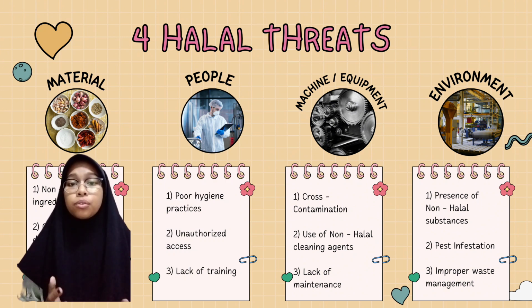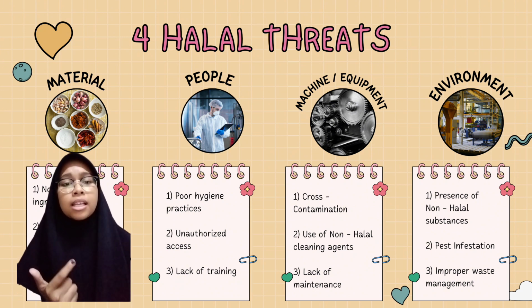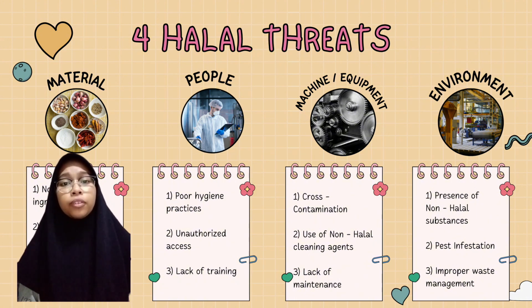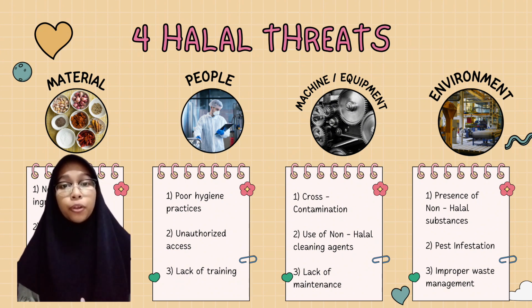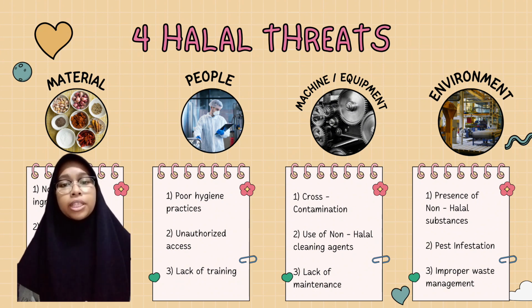Next, people can also be halal threats when they have poor hygiene practices, when there is unauthorized access, such as they enter a certain area without permission, and also when there is lack of training, such as lack of knowledge about halal integrity. Next, machine or equipment can also be halal threats when it has cross-contamination.